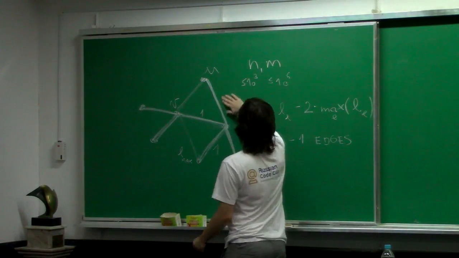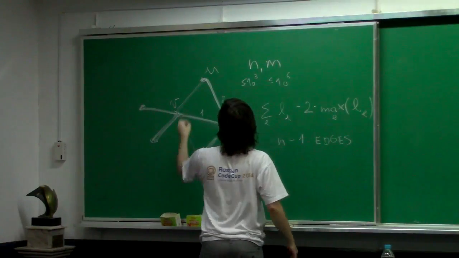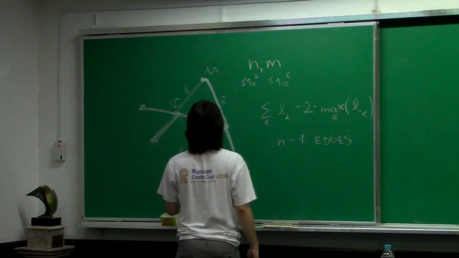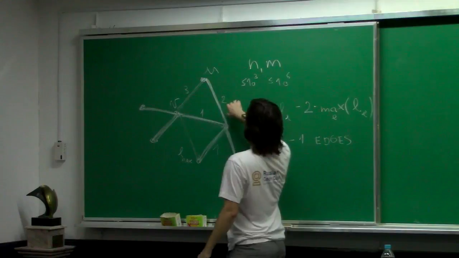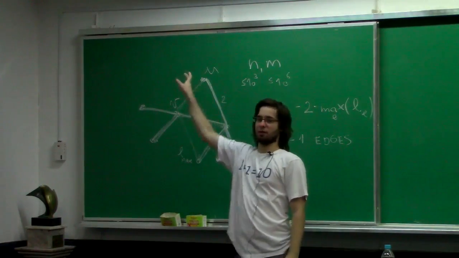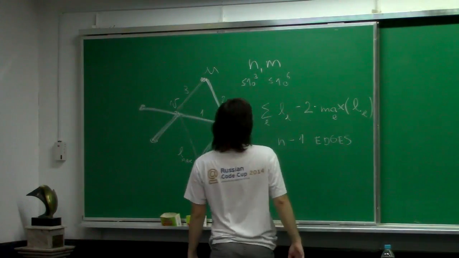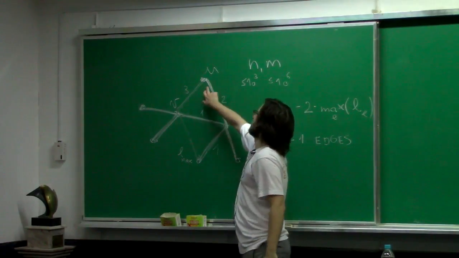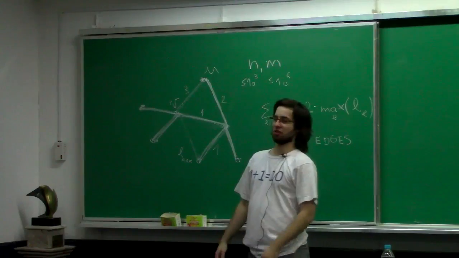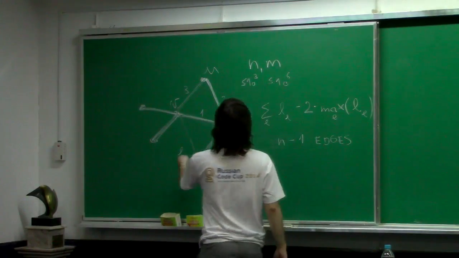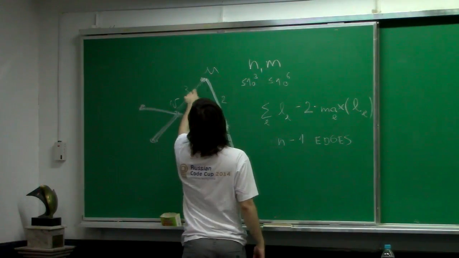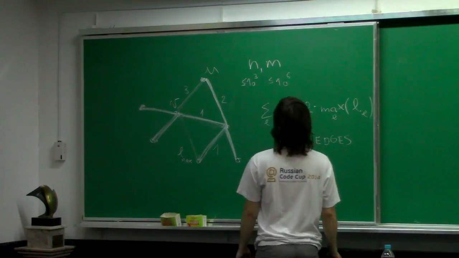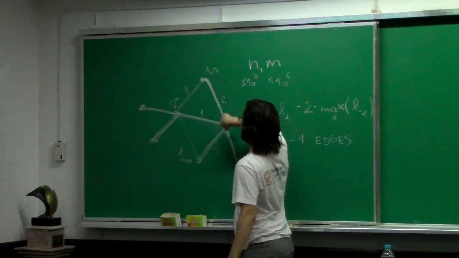So for example, if these two edges would have lengths 1 and 2, and this edge which we would want to add has length 3, then which edge should we remove from this cycle? Of course, it's the longest one.